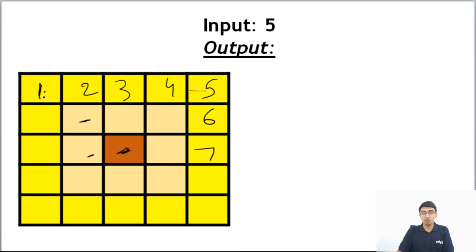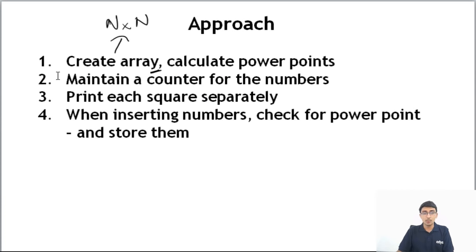That is, we want to decide when we are going to increase which counter. So we have to keep track of the counter. We can't expect some for loop or while loop to keep track of the value at each element. This will become clearer when we actually do the code. So maintain a counter for each of the numbers.